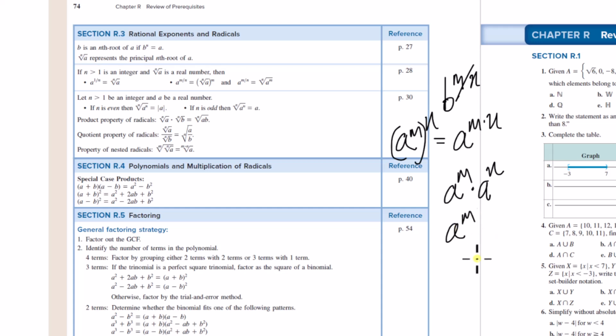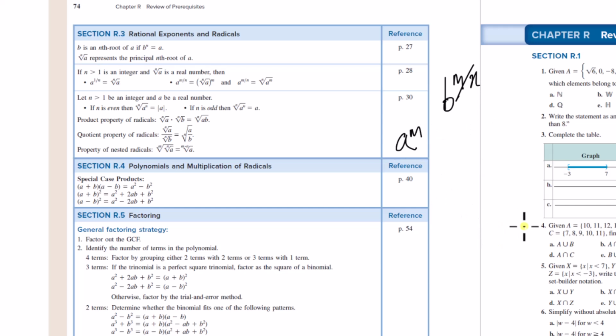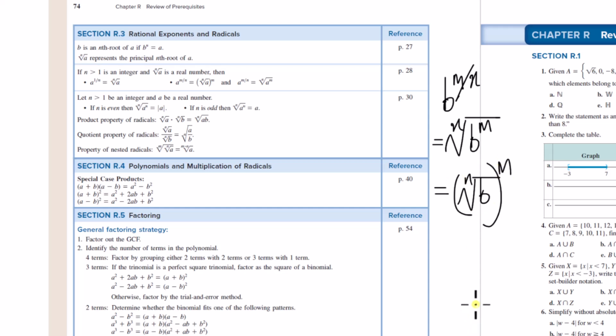If you have a times b to the power m, that's a to the m times b to the m. Those different properties. We used those properties to define what exactly this meant. And it made perfect sense that this means you have either the principal nth root of b to the m, or equivalently, you have the principal nth root of b, all of that to the m. And it made perfect sense to define it this way.